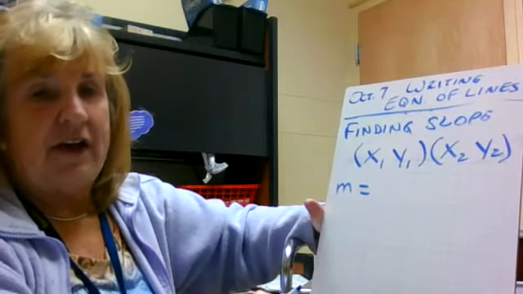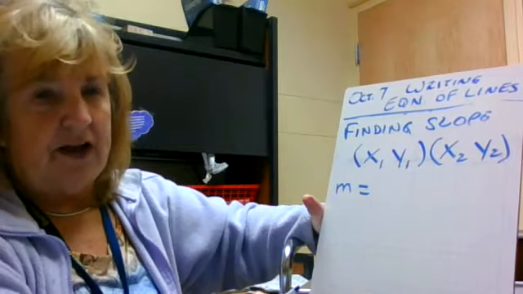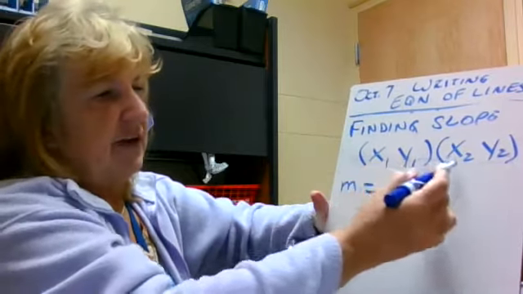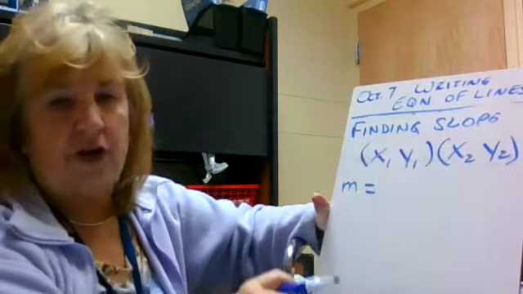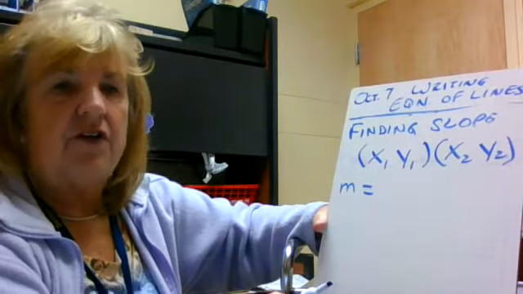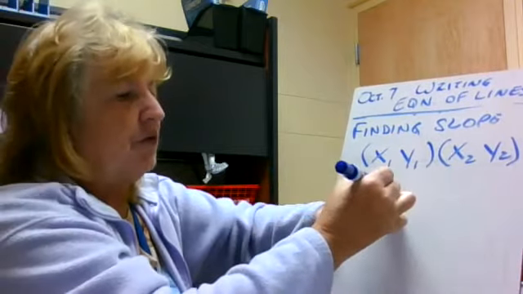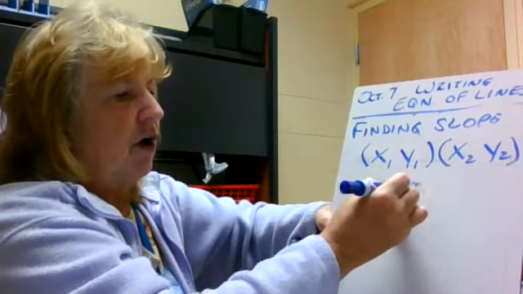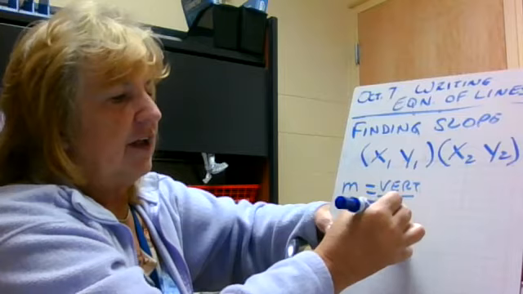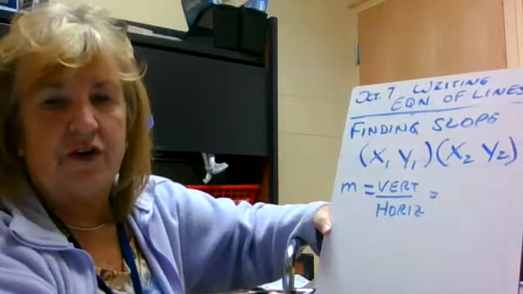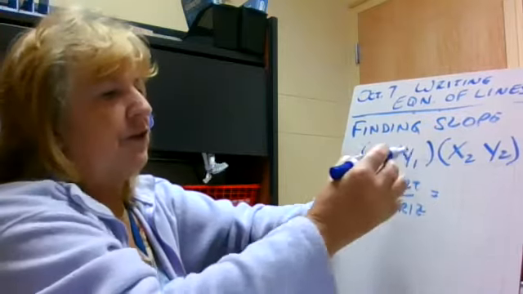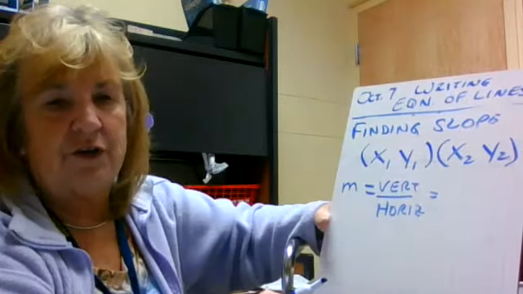Well, on a graph, and you remember this from Algebra 1, the x numbers are horizontal numbers. The y numbers are vertical numbers. So if my slope is supposed to be vertical over horizontal, then that means I have to do the vertical numbers first. Well, the vertical numbers are y1 and y2.